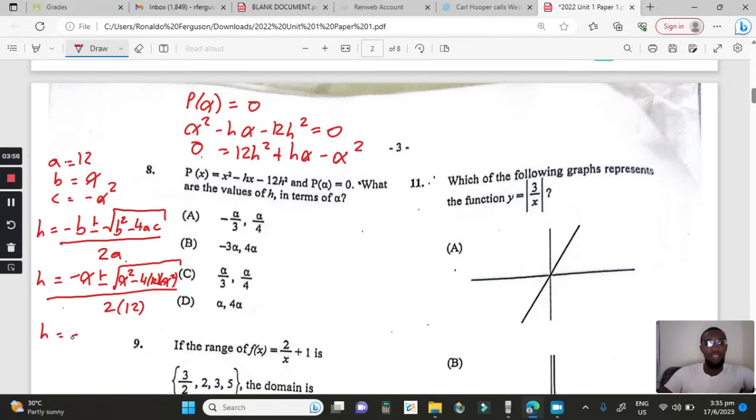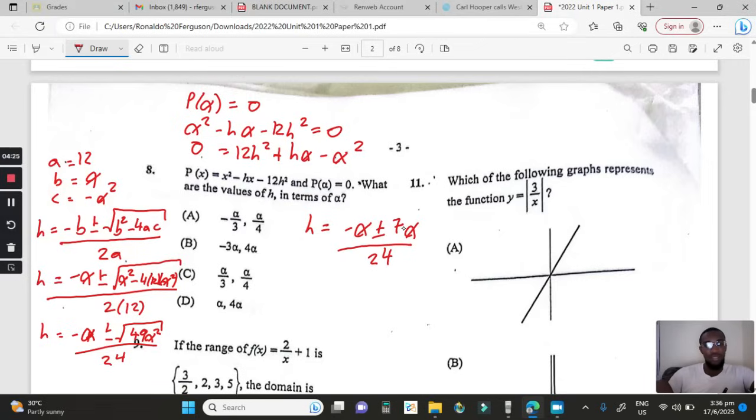So h is equal to minus alpha plus or minus the square root of 4 times 12, and then times negative alpha square, that's 48 alpha square plus alpha square is 49 alpha square over 24. So that means h is equal to negative alpha. When you square root, you get square root 49, you get 7 alpha over 24.